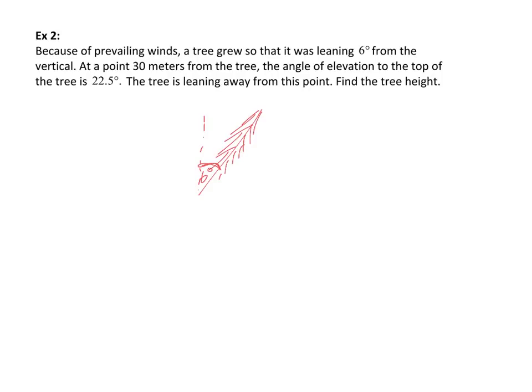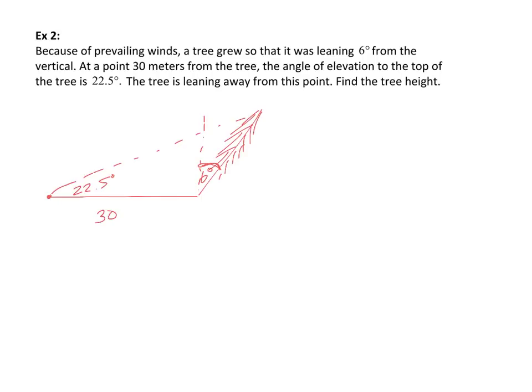At a point 30 meters from the tree, the angle of elevation to the top of the tree is 22.5. So here we are at a point 30 meters away from the tree, and the angle of elevation to the top of the tree is 22.5.